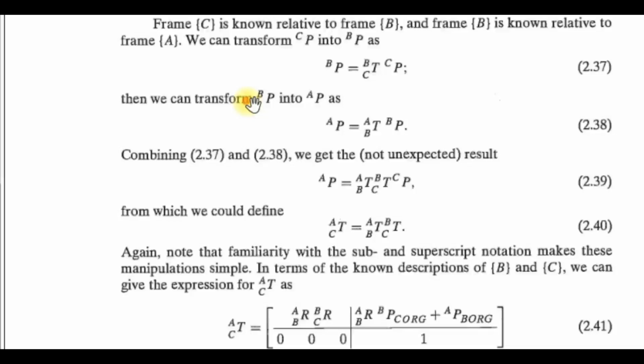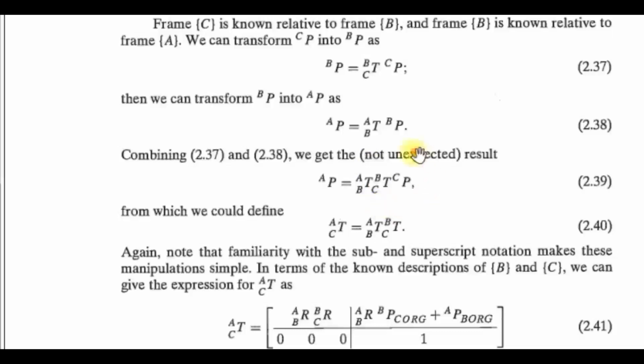So when you try to know the position of the point P with respect to A, you have to know that this is the way. First I have to calculate BTC CP, means BTC with CP.